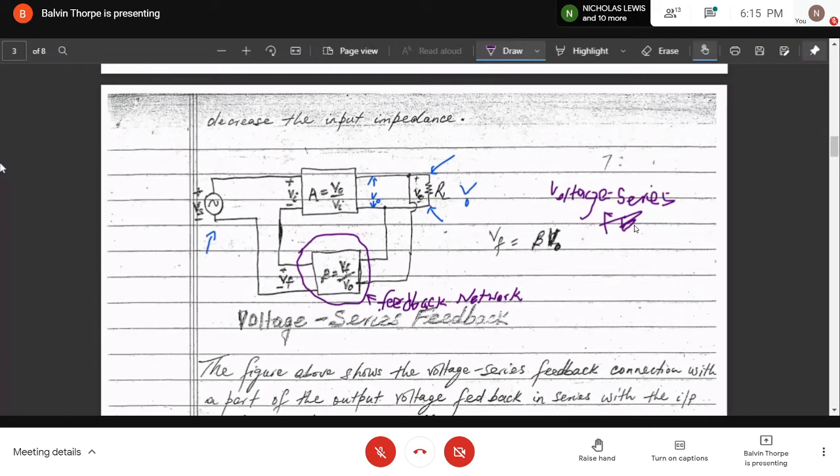This is why we say that this network is a voltage series network.